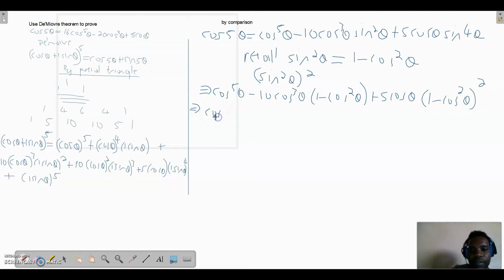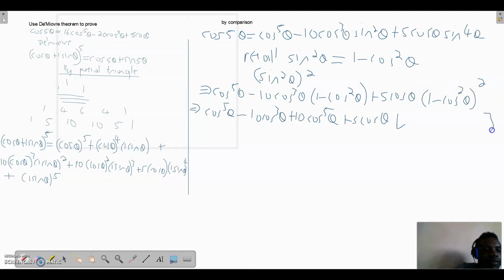Taking it down now, we can now expand our brackets. So I'm going to have cos to the 5th theta minus, if I expand this bracket, minus 10 cos cubed theta. Negative times negative is positive, so we have positive 10 cos cubed theta times cos squared theta, which would be cos to the 5th theta. Alright, plus 5 cos theta. Now this bracket is a perfect square.